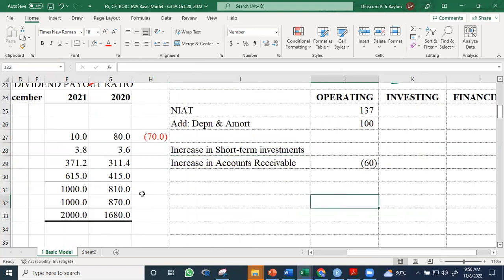And I ask you, is this a source of cash or a use of cash? Your answer was source of cash. Correct. So if it's a source of cash, then it should be positive. If it's a use of cash, then it should be negative cash because it reduces the cash amount. I expect you to ask me a question now.